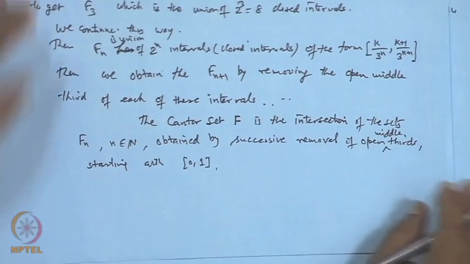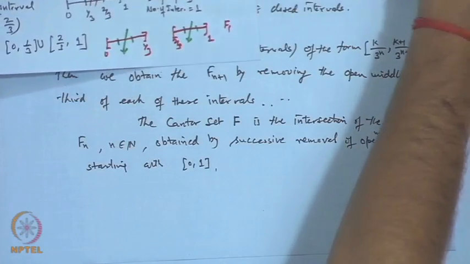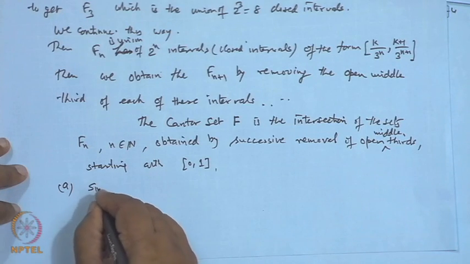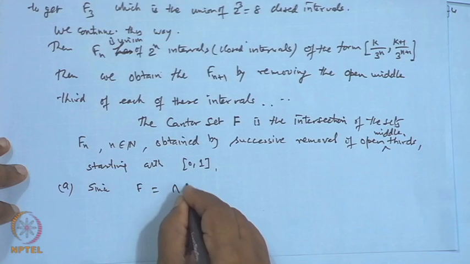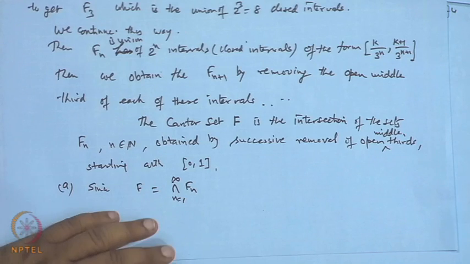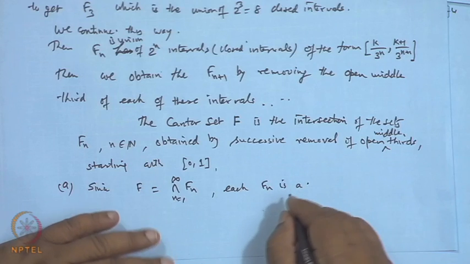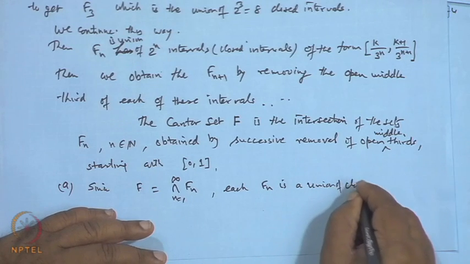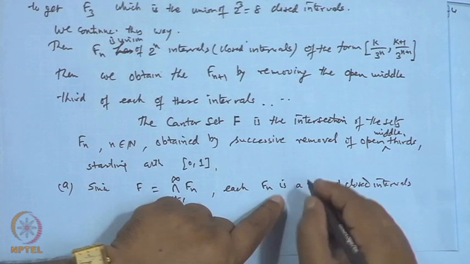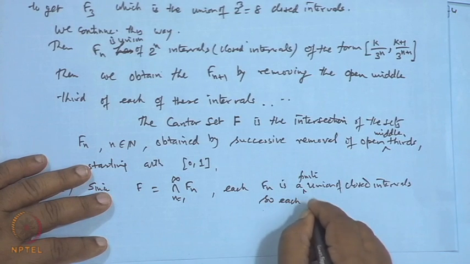Okay. Now, we wanted to establish these results. The first result says the Cantor set is a closed set, which we want to show. Since the Cantor set F is the intersection of F n, n is 1 to infinity, a countable intersection, and each F n is a finite union of closed intervals, each F n is closed.